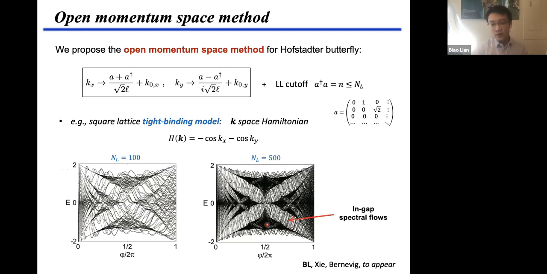But this is still different from the exact calculation. You might have already noticed that in the Hofstadter gaps, there are many flowing levels, which we call spectral flows. So why would this calculation have these in-gap spectral flows?